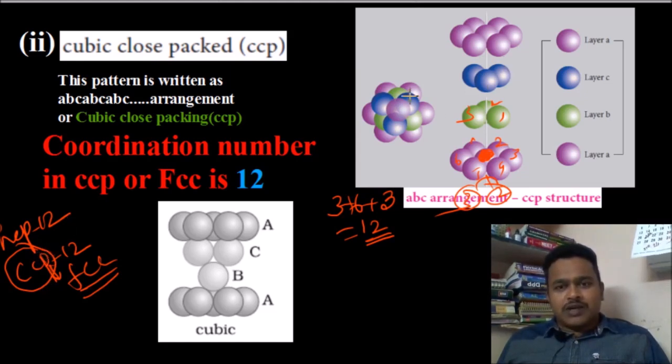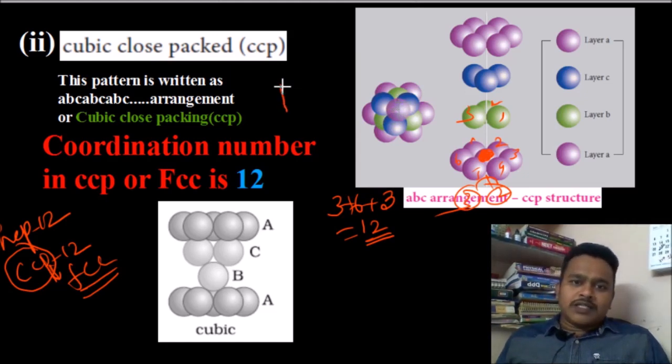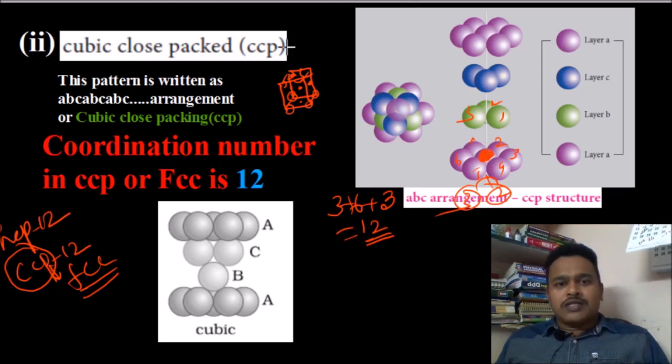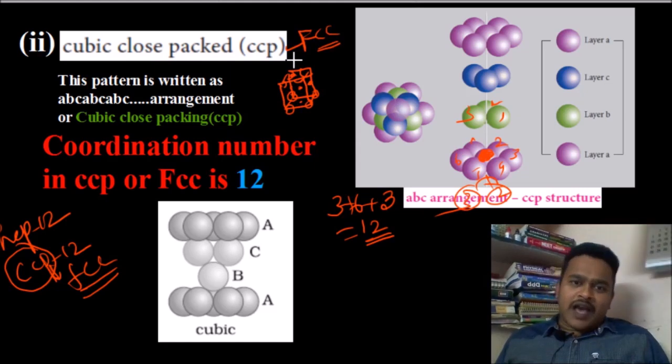Whenever this arrangement is complete, you observe one cube in CCP. In that cube, all the corners are occupied and all the face centers are also occupied. So the CCP arrangement is also called the FCC arrangement.